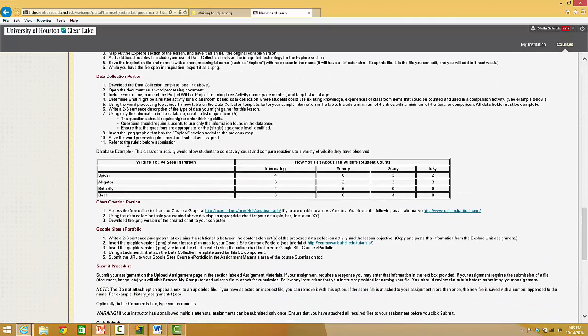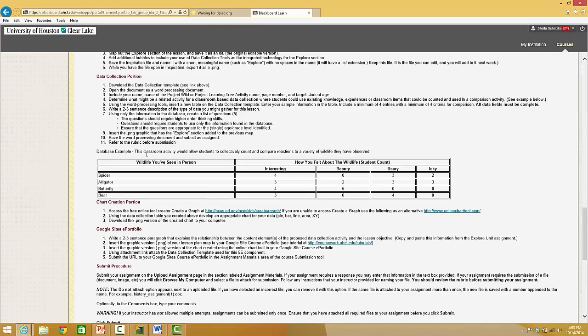So I'm just going to use the example, the database example. So really, you're going to pick something that goes with your lesson, and you're going to just get some fake data because you don't really have a class. So the whole point is that you're going to make a graph or a chart with the data.